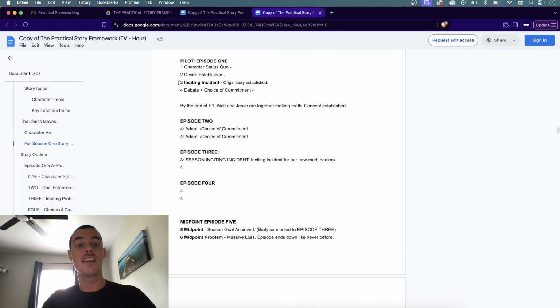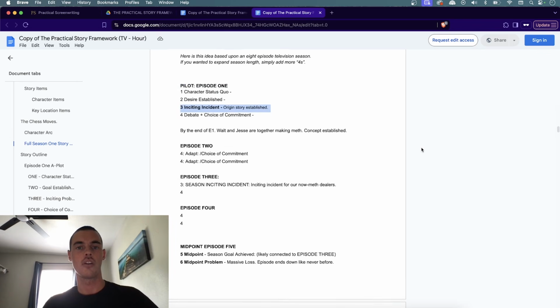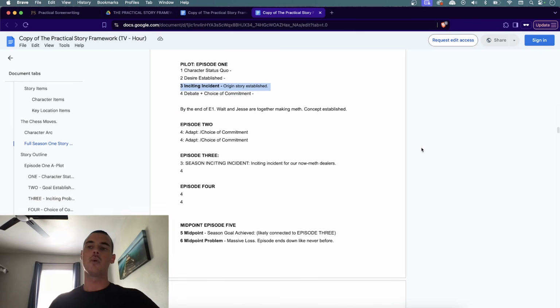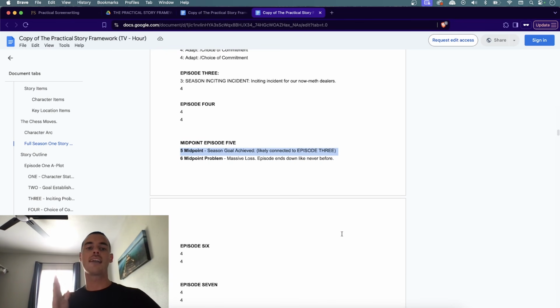It also may be connected to the origin story in terms of why the characters decided to get started in the first place. So in Breaking Bad, Walt wants to get money for his family, and then he's going to encounter a new problem, but then we're going to have this season goal achieved. We've actually got what we're looking for at the halfway point of the season.